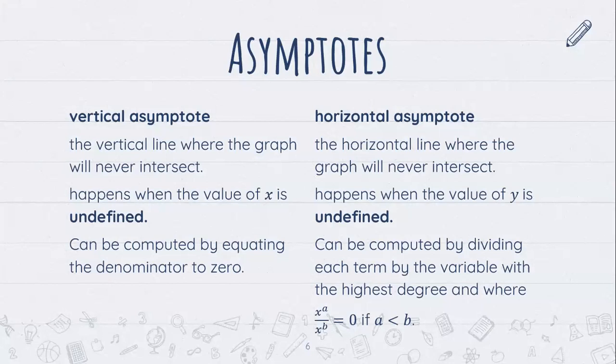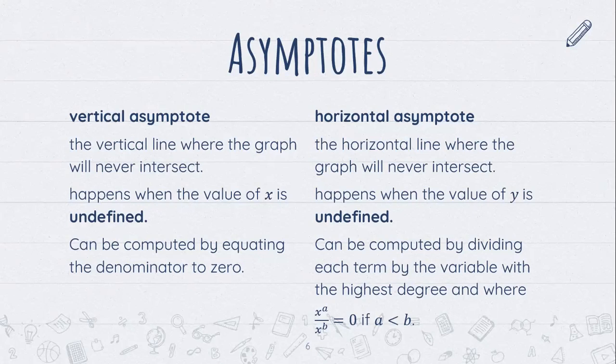Okay. Bakit tayo nagkakaroon ulit ng asymptote? Kasi as I've said earlier, may mga values na nagpapa-undefined sa function. So, vertical asymptote: the vertical line where the graph will never intersect but getting closer and closer to it. Kailan nangyayari si vertical asymptote? It happens when the value of x is undefined. Kapag nagbigay tayo ng value of x and pag sinubstitute natin siya doon, ang answer is undefined.